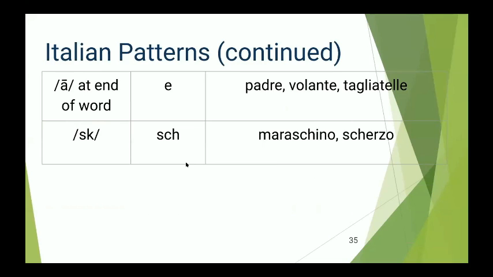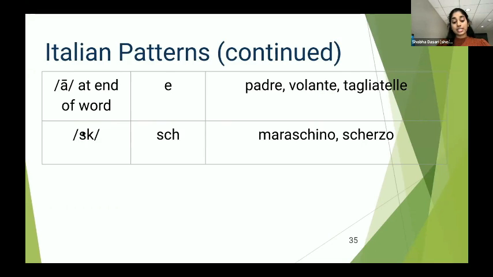Okay. And then the last two Italian rules that we have are the A sound, which usually at the end of the word will be spelled with an E. And so some examples of this are padre, volante, tagliatelle, where you have the A sound, but it's pronounced with an E. Then you have the ska sound.